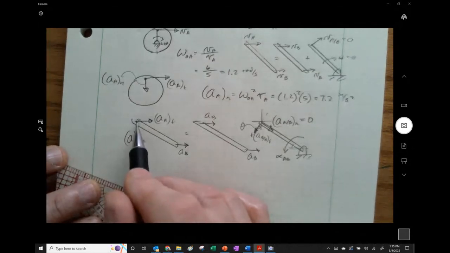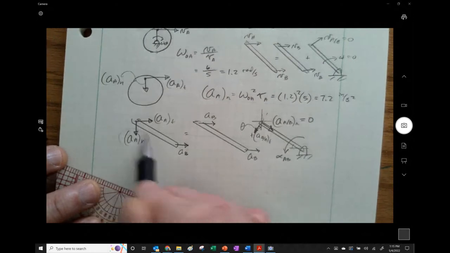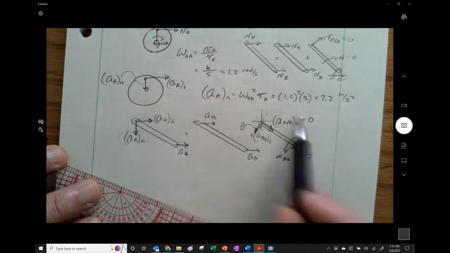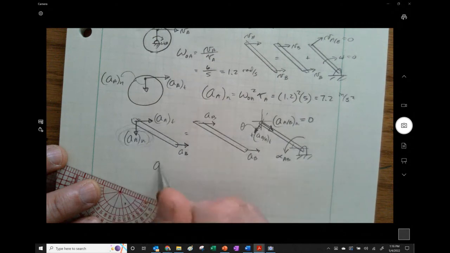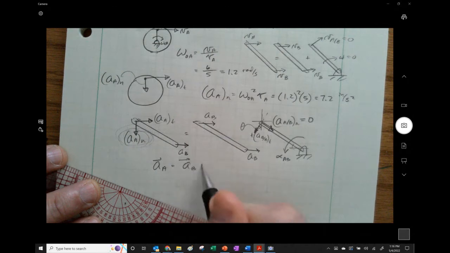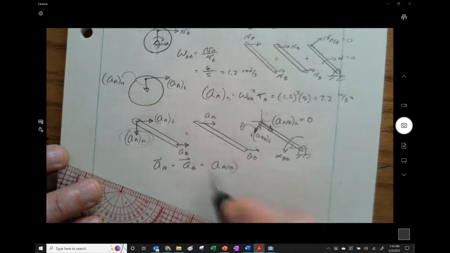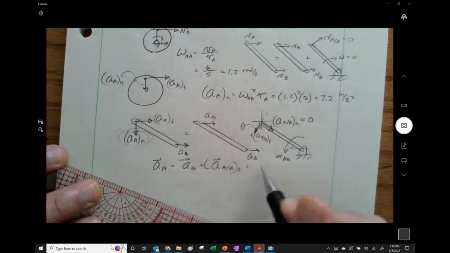So let me take the thing that I know in the y direction. I know this spot right here, right? As opposed to some other problems where we set it equal to 0, or we looked for the thing that was 0. In this case, we'll look for the thing that we know. So we're writing out the acceleration of A is equal to the acceleration of B plus the acceleration of A with respect to B in the tangential direction, plus the acceleration of A with respect to B in the normal direction.